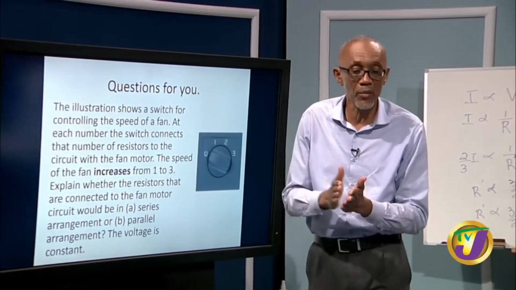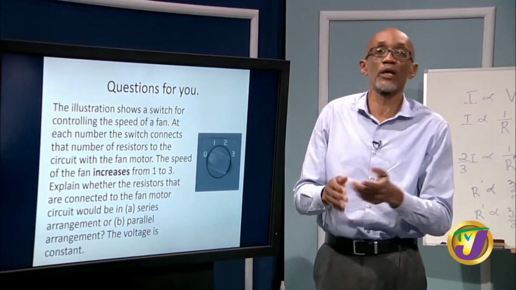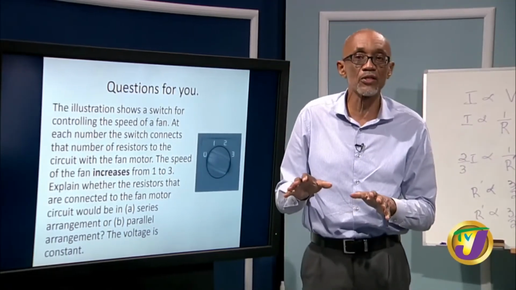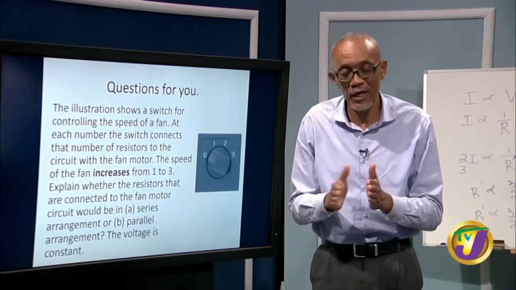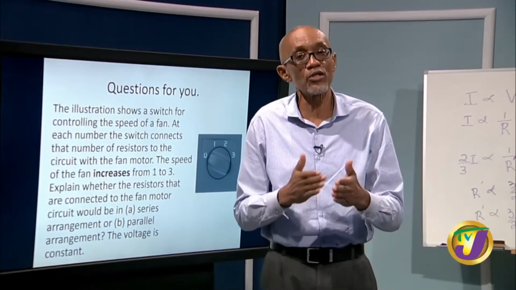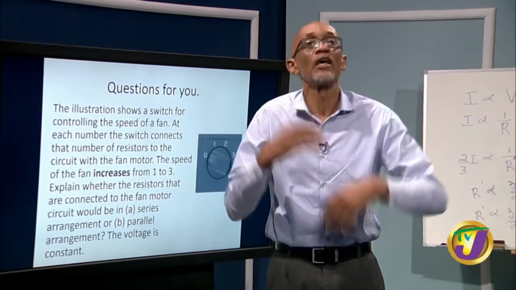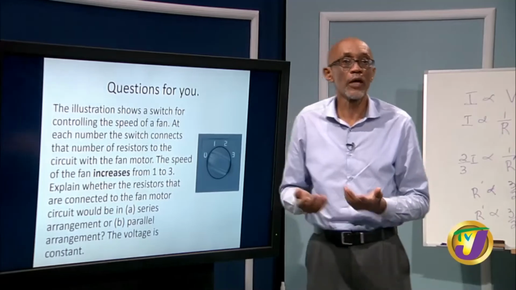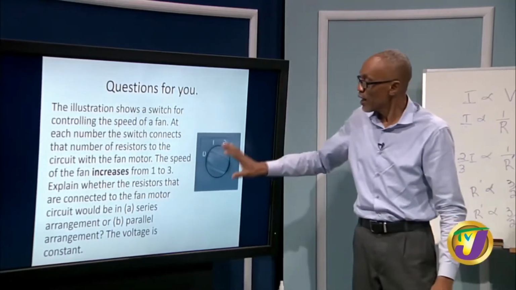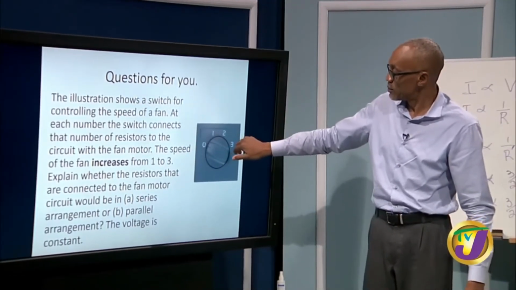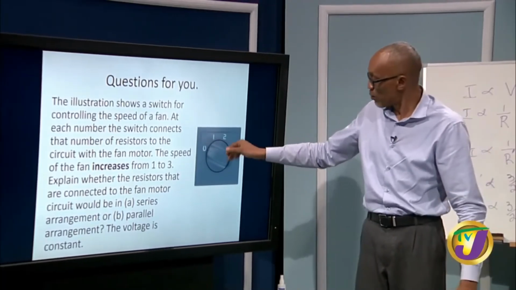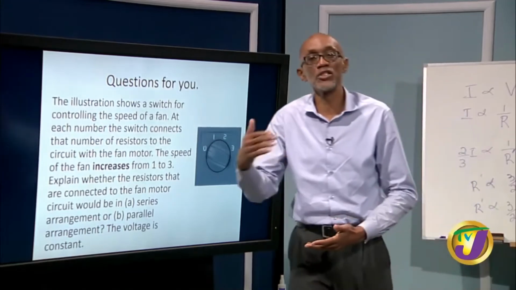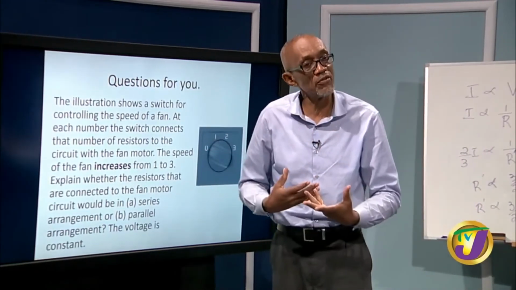So I will have to put them in a parallel arrangement so that when I click to 3, I now have 3 resistors in parallel, and as a result of that, the current through the circuit will increase and the fan motor will spin faster. All right? So here we see, as we click from 1 resistor, 2 in parallel, 3 in parallel, current increases each time, fan motor spins faster.